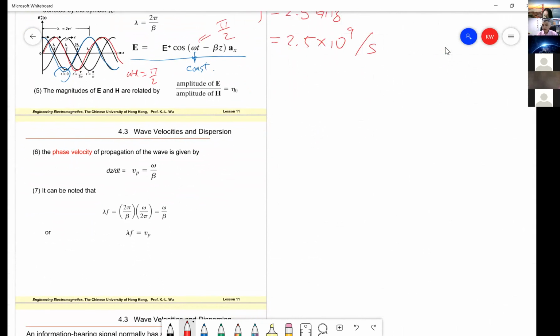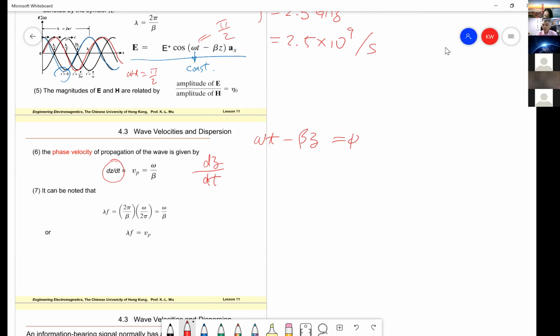And then the phase velocity. What is phase velocity? It means if this phase changes, how fast it goes for a given time duration, or dz/dt. We know the phase is omega t minus beta times z, so this is phi.